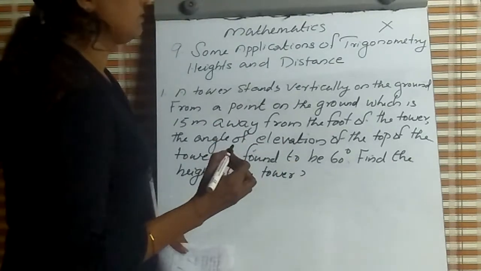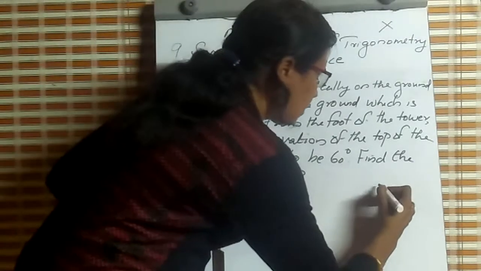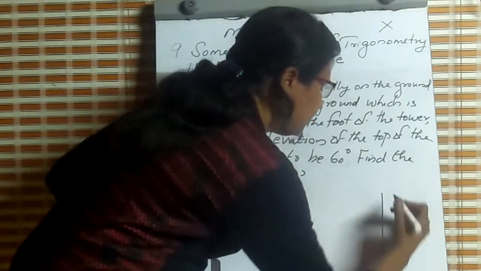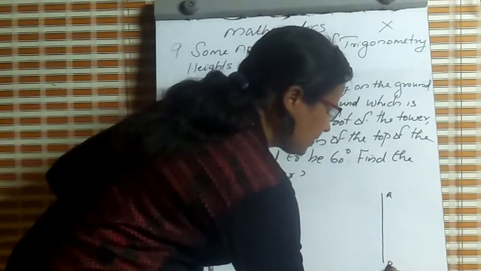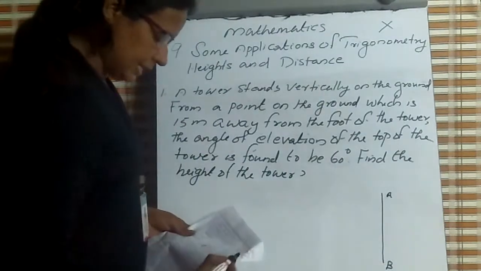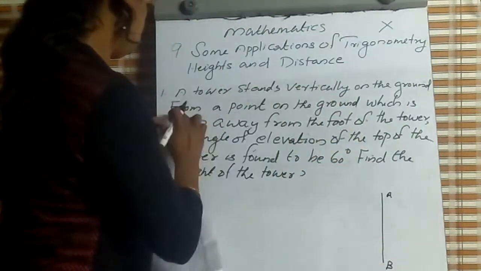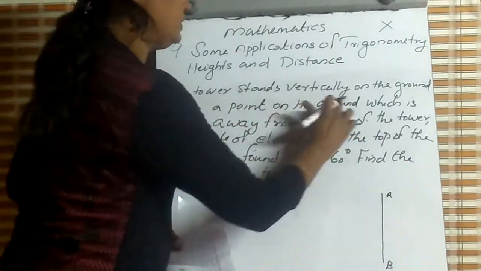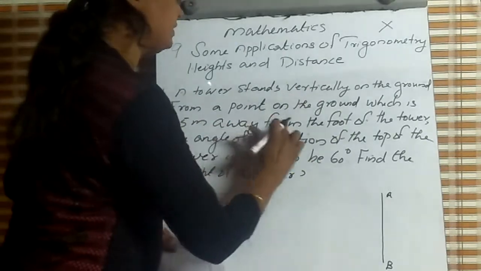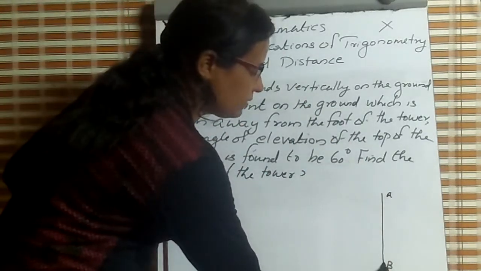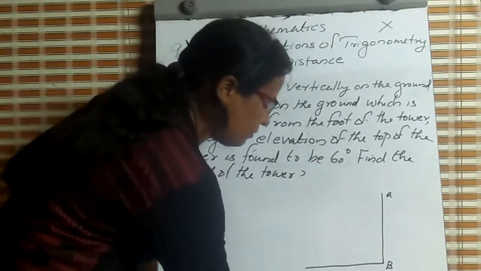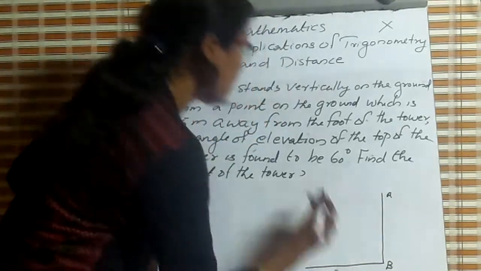A tower stands vertically on the ground. Take AB as the tower, standing vertically on the ground. A point on the ground which is 15 meter away from the foot of the tower is this point.